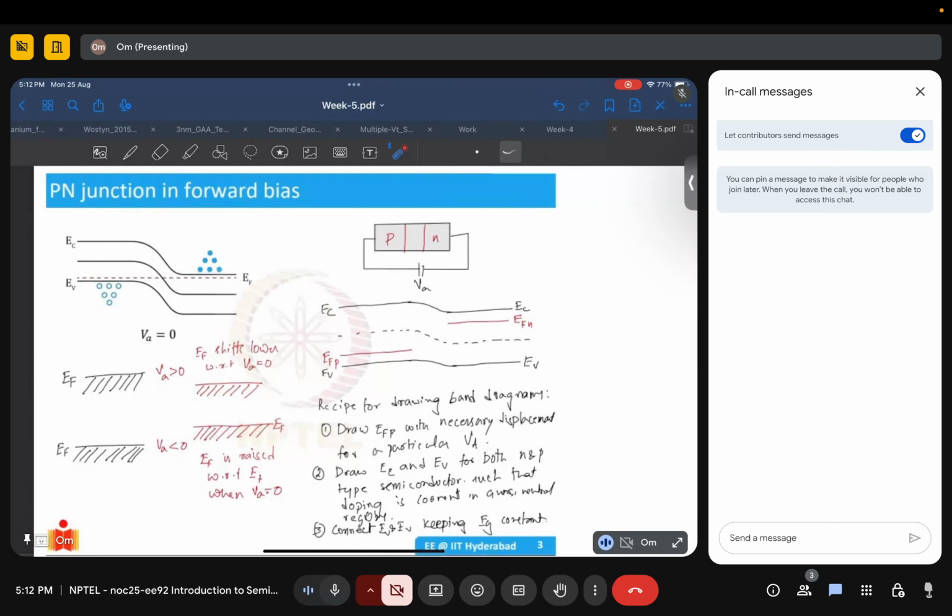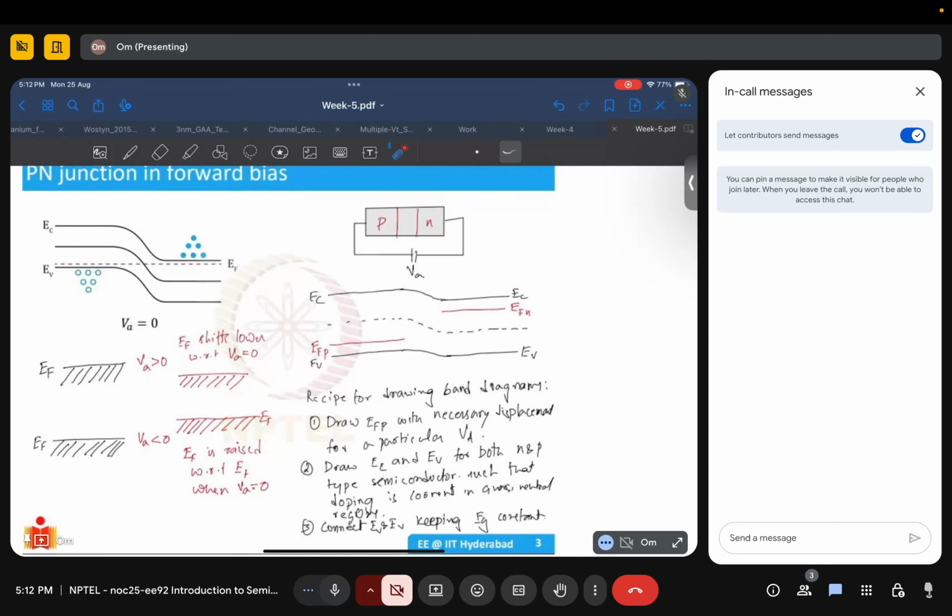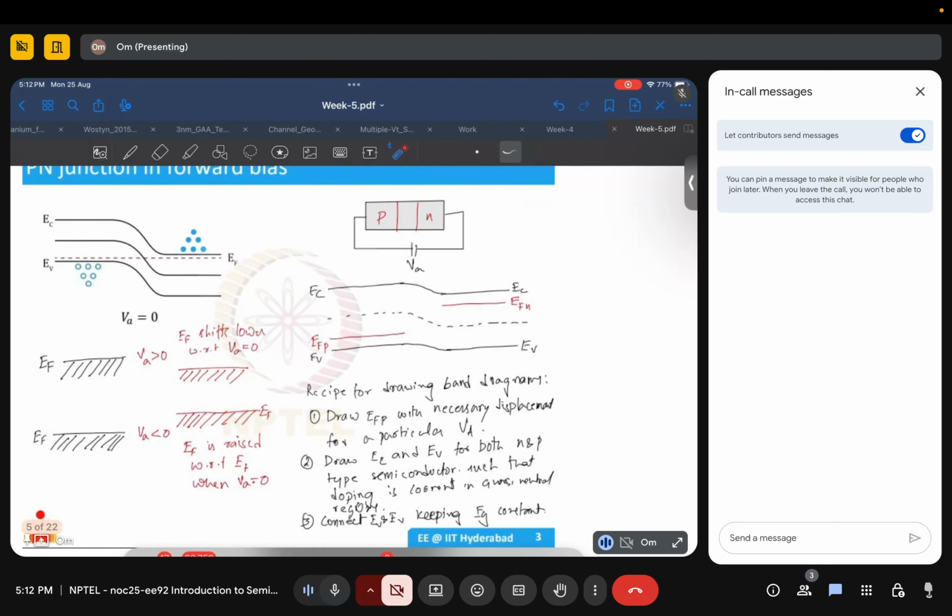So just a recap from the slides also. When you apply forward bias, the Fermi level shifts downwards and upwards. When we apply a reverse bias, a negative potential is applied. Now the Fermi level is defined only in the equilibrium case.